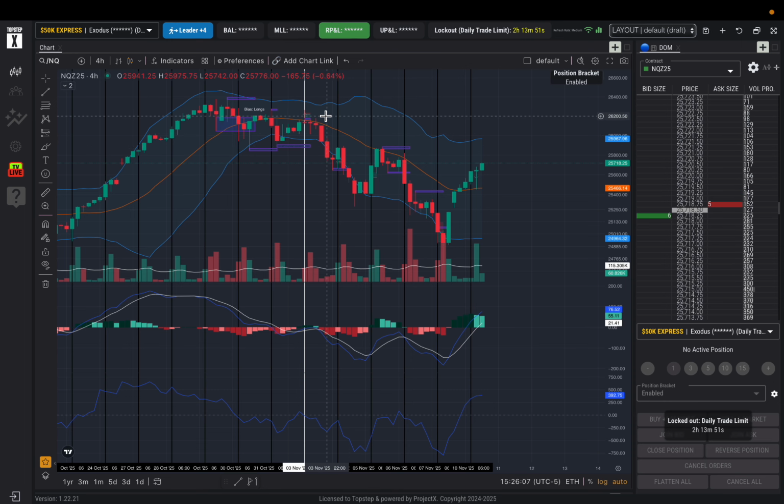Anywhere above this blue line indicates overbought levels, and anywhere below this line indicates oversold levels. This line right here is the moving average of the Bollinger Band.